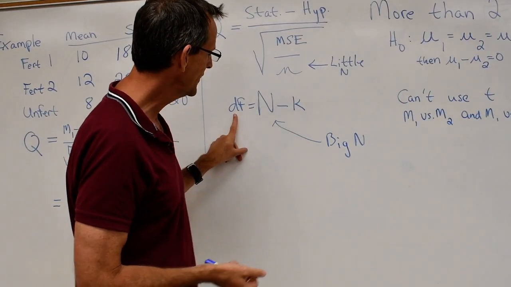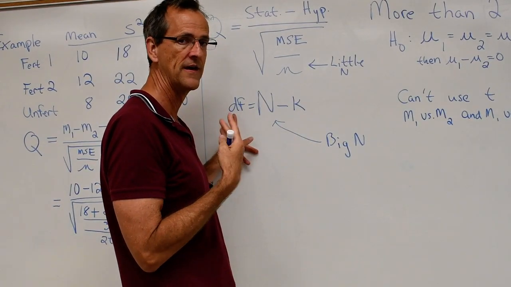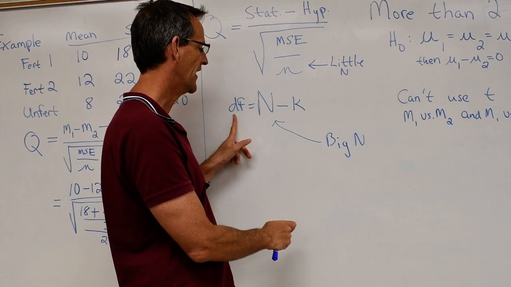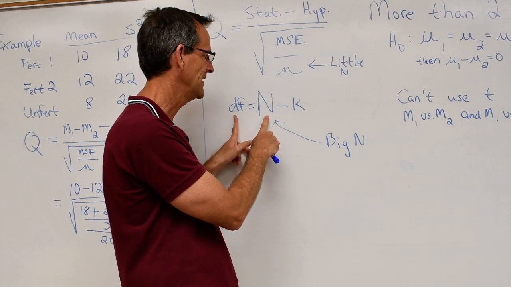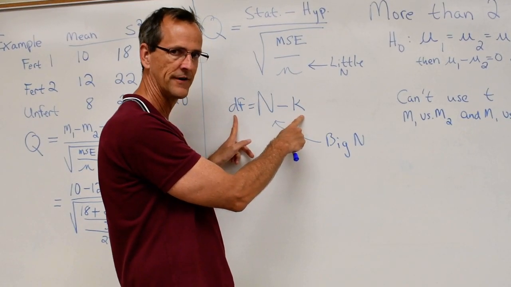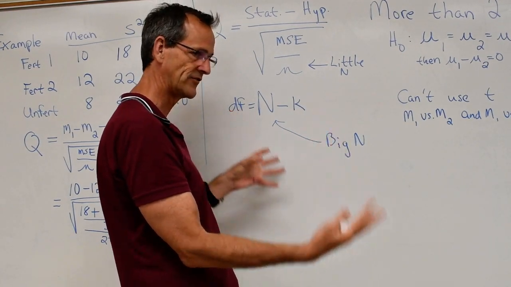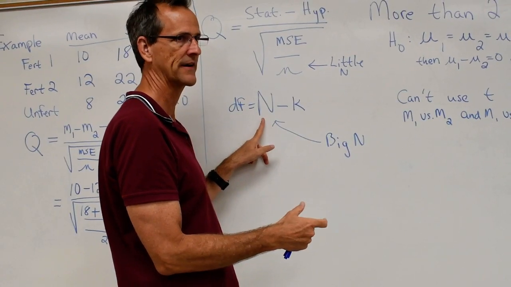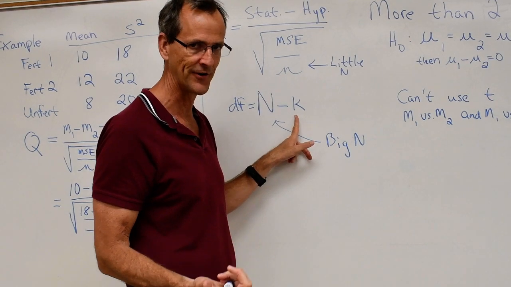And then the degrees of freedom is also very similar to the way we would calculate it using a t-statistic. So remember, it's all the plants minus the number of groups. When we were doing the independent groups test, we had 2 groups, so 40 plants minus 2 groups gave us 38.